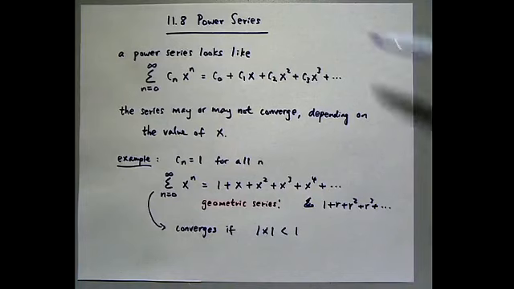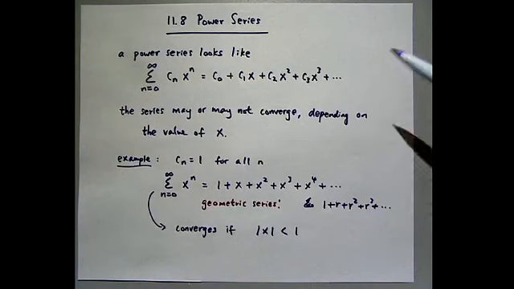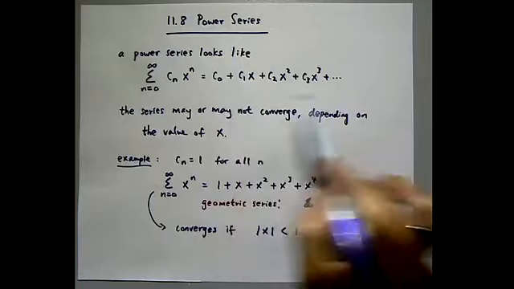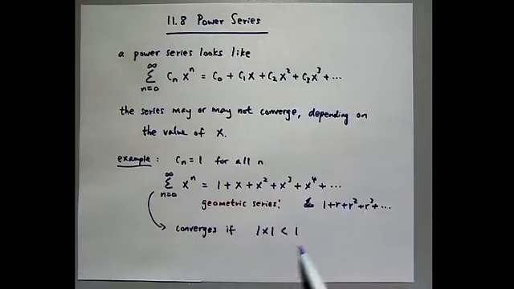Okay, so that's the idea behind a power series. We're going to compare to something that we've seen before, and we're going to apply a test to find out when this thing converges. Now, the only extra wrinkle here is that because of all these x's in here, we need to know for what values of x this thing is going to converge.